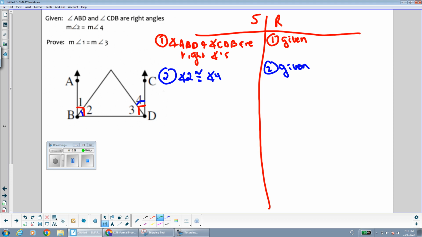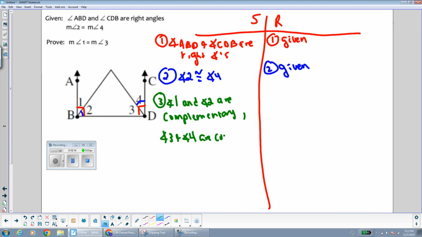What I'm going to say next is that angle 1 and angle 2 are complementary. And I'm also going to say angle 3 and angle 4 are complementary.